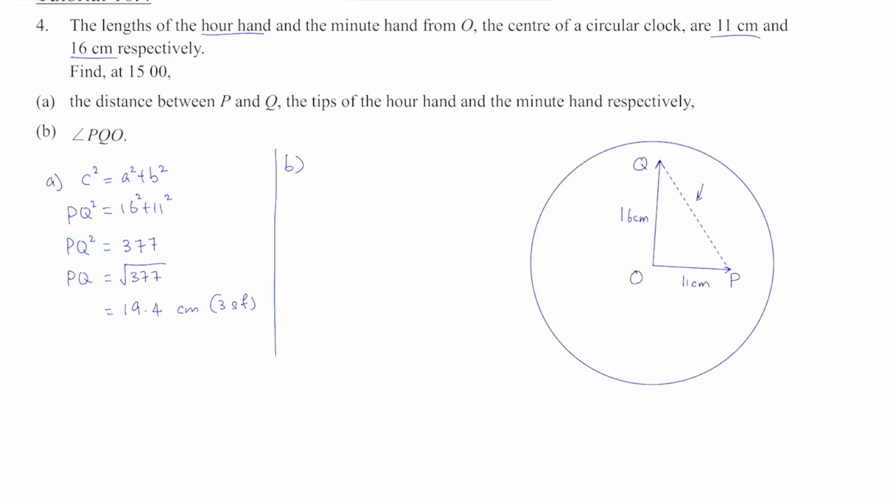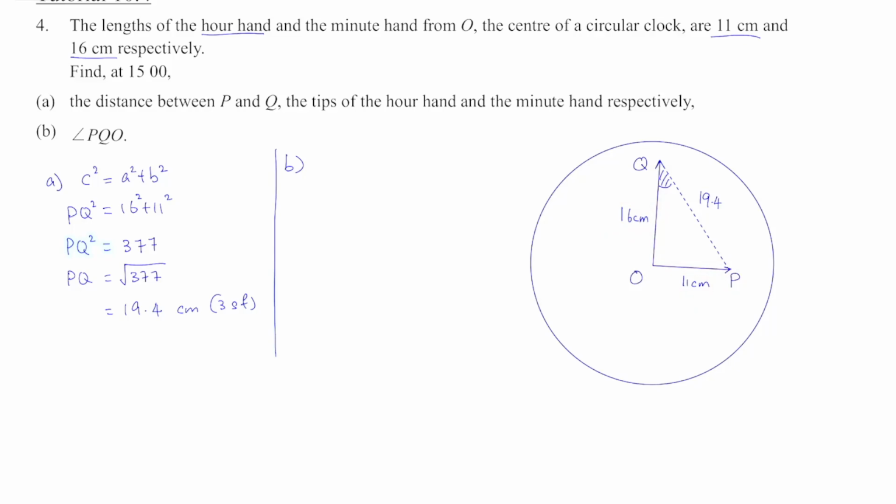Okay, let's label in our diagram. 19.4. This is 3SF. So then the question asks for angle PQO, which is this angle over here. Okay. Question, should I use this line that I found? Answer is no. Okay. Try your best to use as much information from the given information that is from the question.